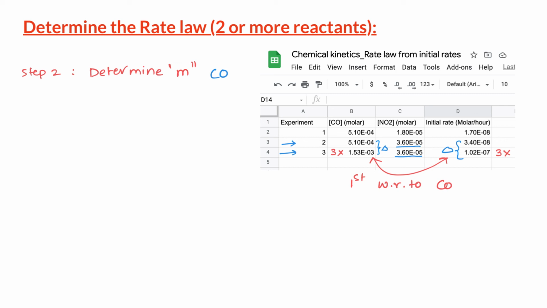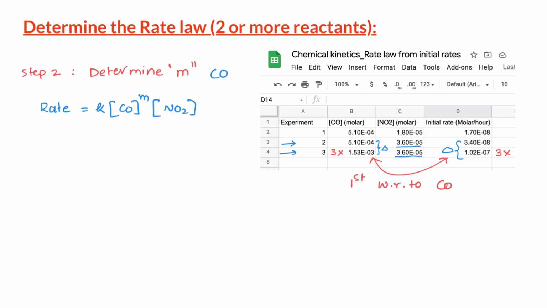We can also show this mathematically. Let us first write down the general form of the rate law. Rate is equal to K times concentration of CO to the power m and concentration of NO2 to the power n. We already determined the order with respect to NO2, which came out to be 1.